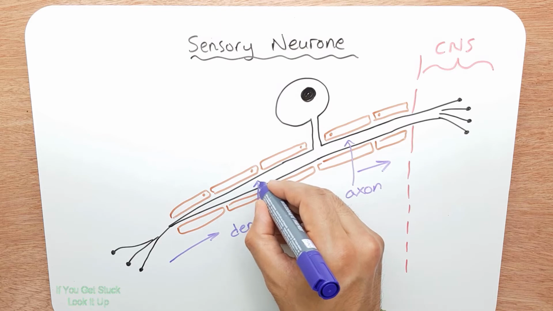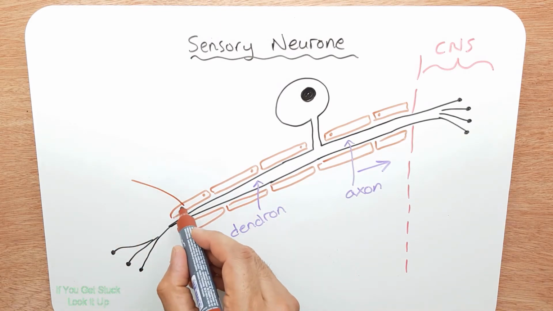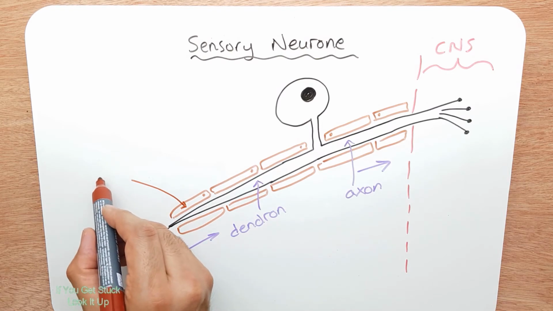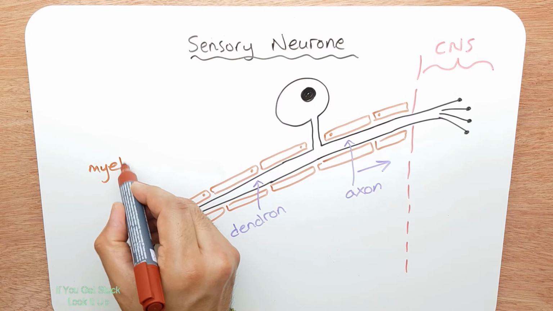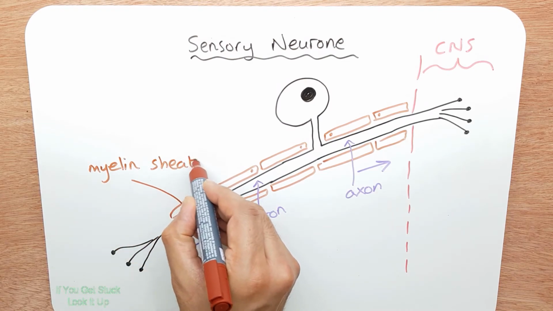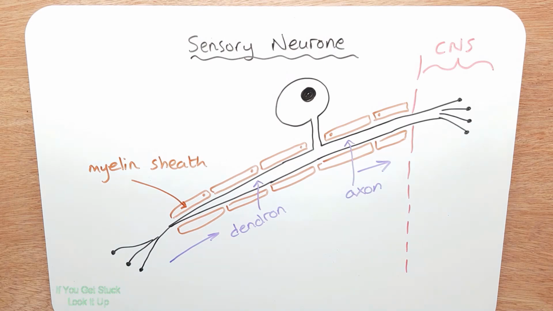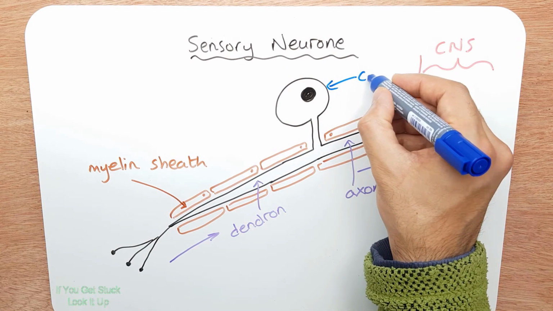This part here is the dendron. This part here is the cover, which is the myelin sheath. It's like a fatty substance. And inside that there is your cell body.